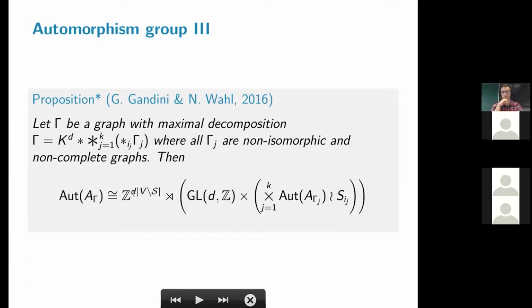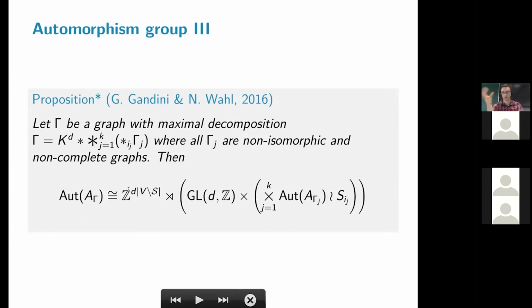These transvections take one vertex in the clique and one vertex in the other part. And what they do, they transvect or map the vertex in the right-hand side with the element you chose from the clique. This works for any choice of vertex here and there. And all these transvections will in fact commute. This will generate a free abelian group.